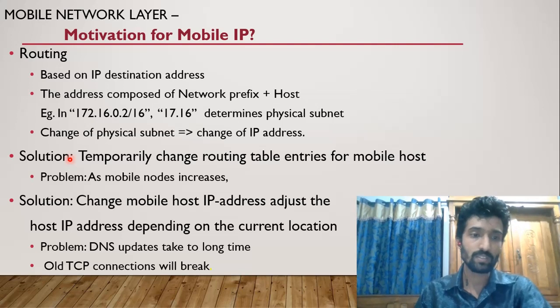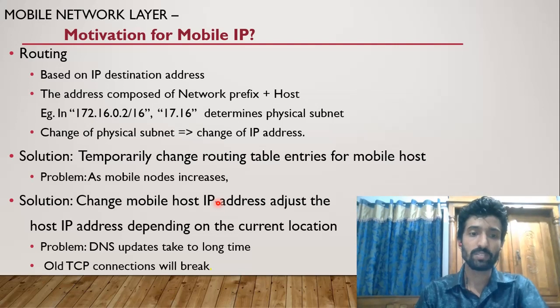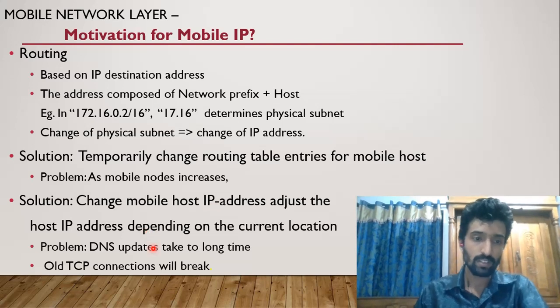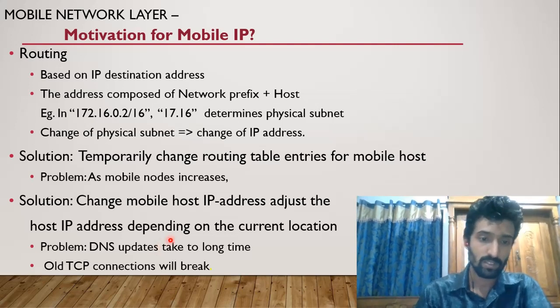So the second direct solution to this problem is that whenever the device reaches a new network, it will be assigned a new IP address. We can use a technique called DHCP, Dynamic Host Configuration Protocol, in every network. So whenever a new device comes to that network, it can automatically assign an IP address based on the new network. The problem here is that any ongoing communication with the device will break, because the source machine is sending packets to the destination machine based on the IP address of the destination machine.